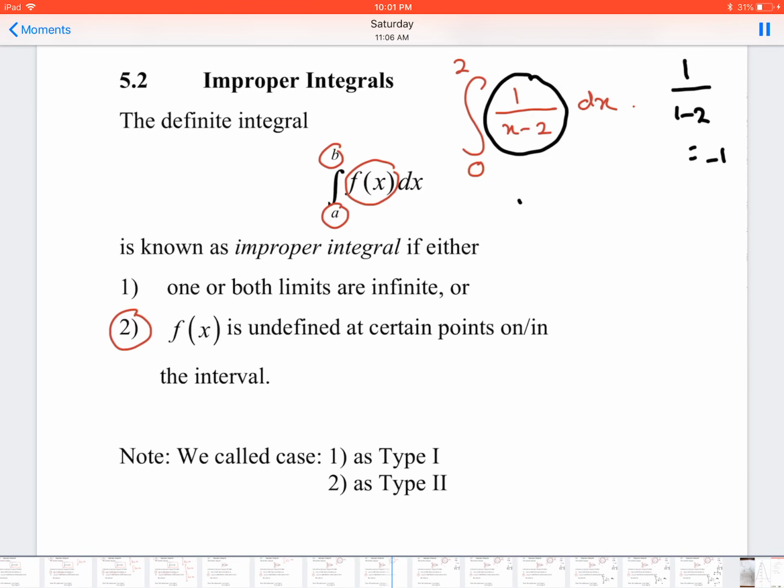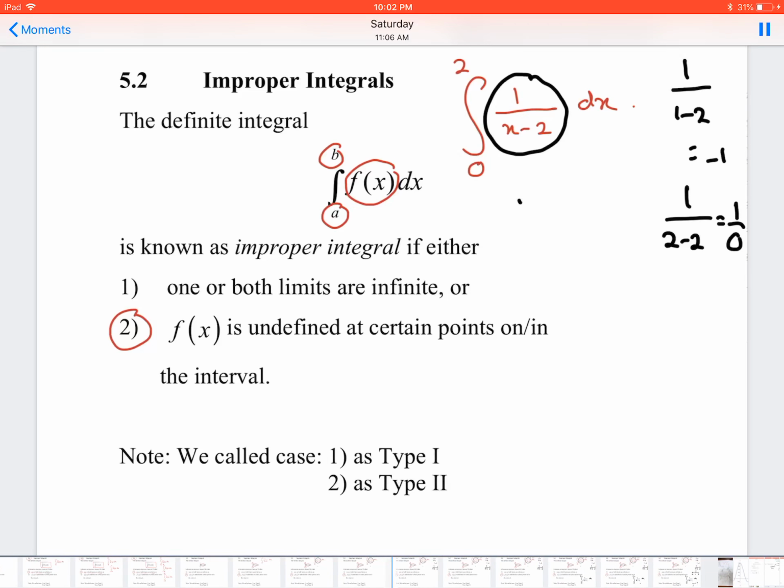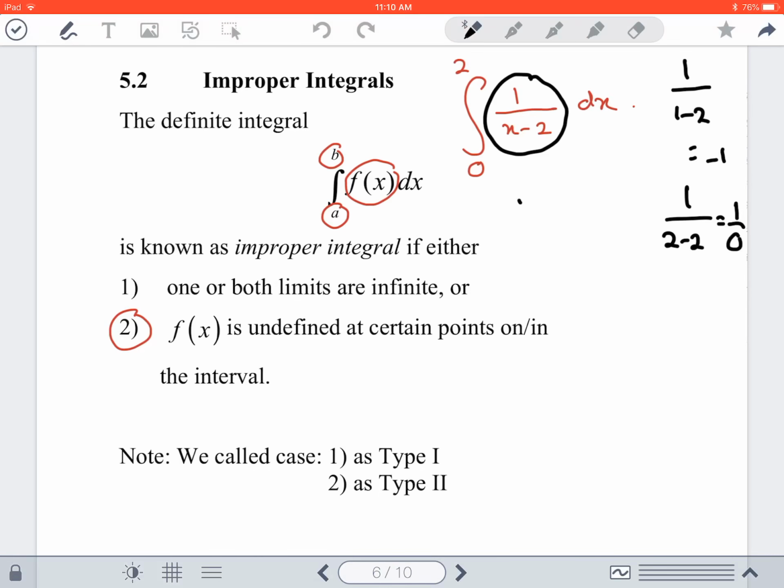How about 2? What happens if you replace x by 2? We get 1 over 2 minus 2, so we get 1 over 0. Try calculating using your calculator. What will the calculator give you? 1 over 0, you can see the math error, right? Because there is no value. The value does not exist. It is not real.